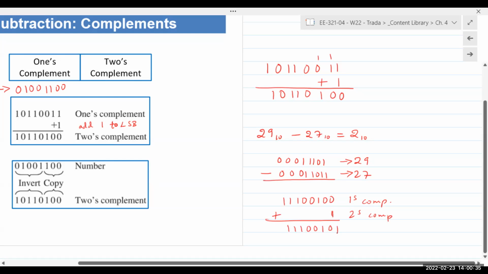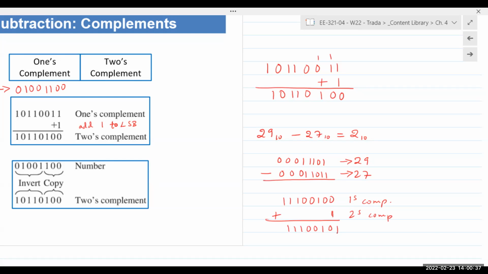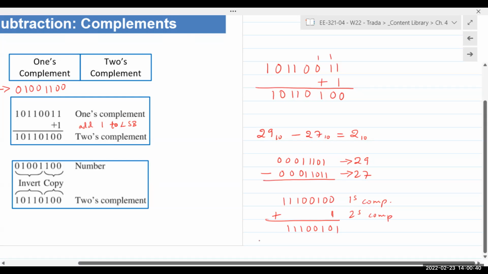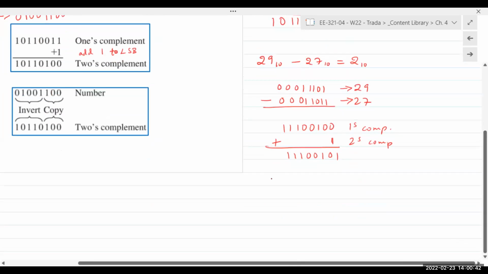That's the 2's complement. And now all we do is add 29 to the 2's complement of 27. 29 was 0, 0, 0, 1, 1, 1, 0, 1.